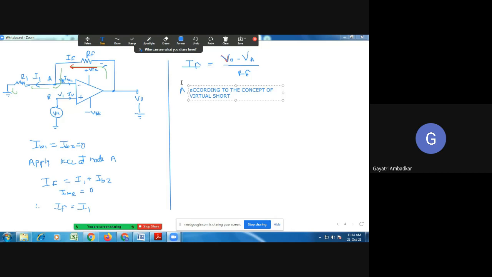According to the concept of virtual short, what is there? V1 is equal to V2, right?